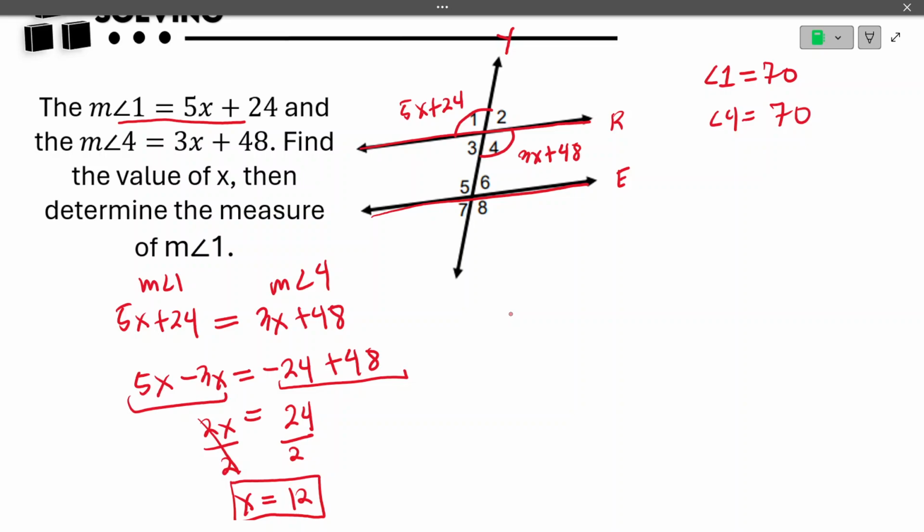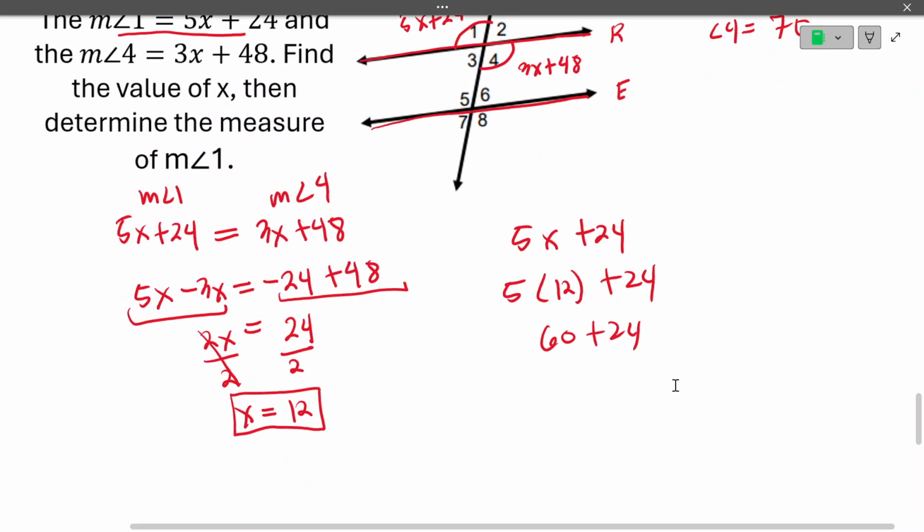Right? So, let's substitute. The expression for angle 1 is 5x plus 24. So, if our x is 12, what is 5 times 12? It's 60 plus 24. So what is 60 plus 24? It's 84. So this is the measurement for angle 1.